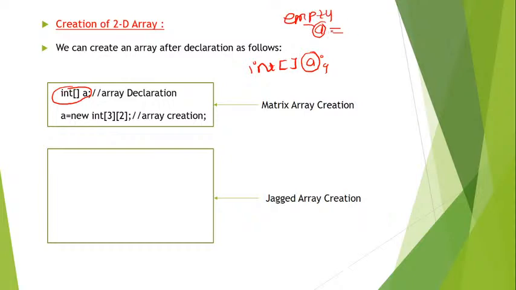Now I am assigning the size inside this array, so for that we have to create it. How can we create it? By using the new keyword, and whenever we use the new keyword, we are creating an object. So new int, and here I define the size, 3 and 2. This 3 is the row and this 2 is the column. This is the way of declaration.